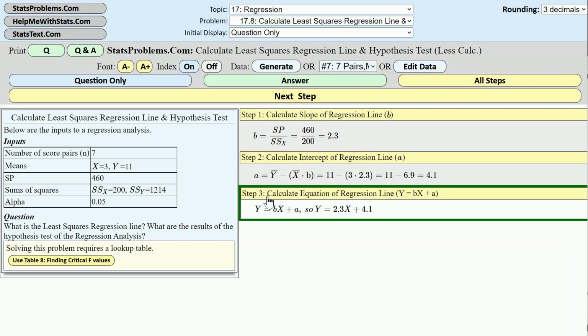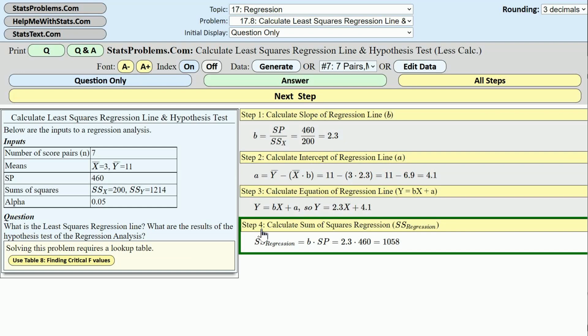In Step 3, we calculate the equation of the regression line, y equals bx plus a. The regression line is y equals the slope, b, times x, plus the intercept, a. In this example, the regression line is y equals 2.3x plus 4.1.